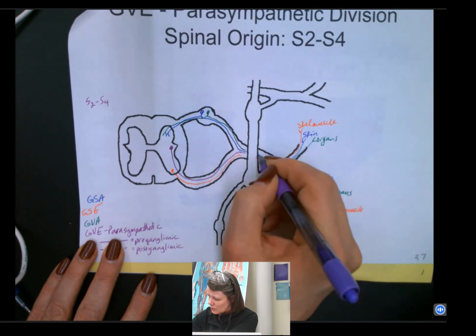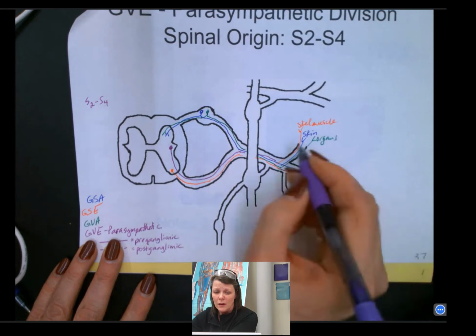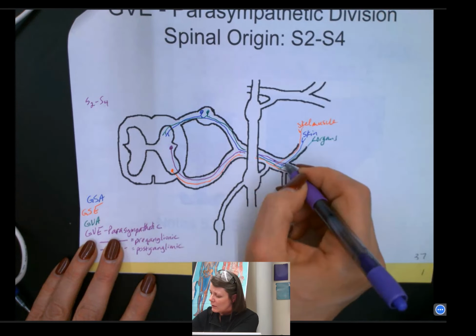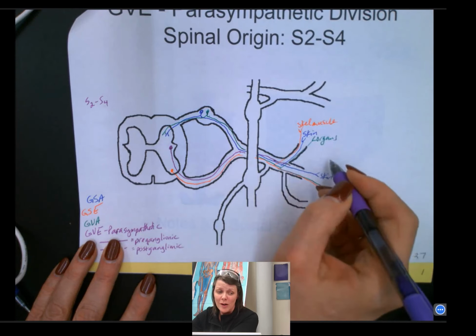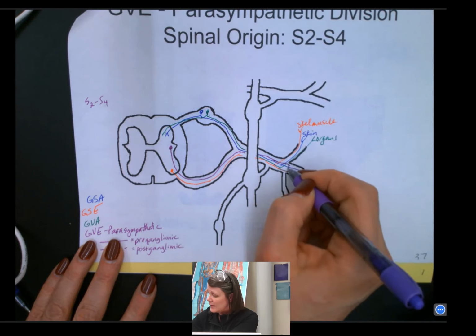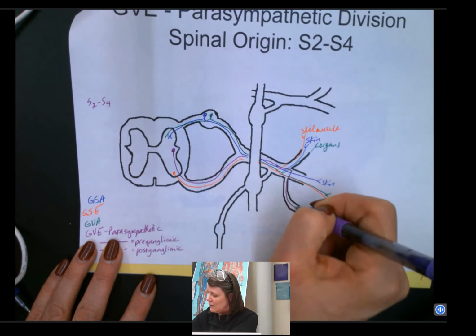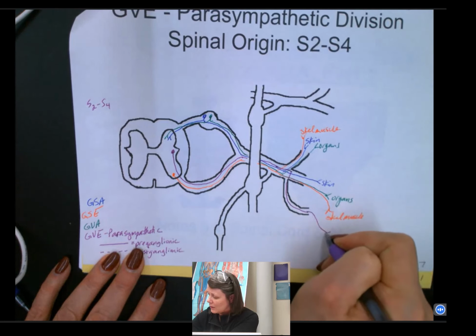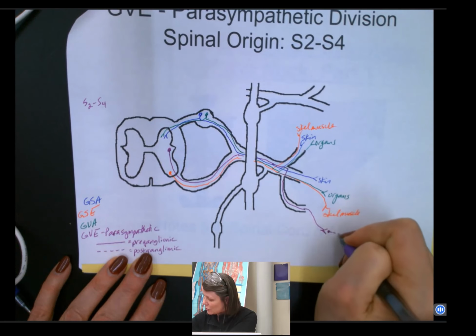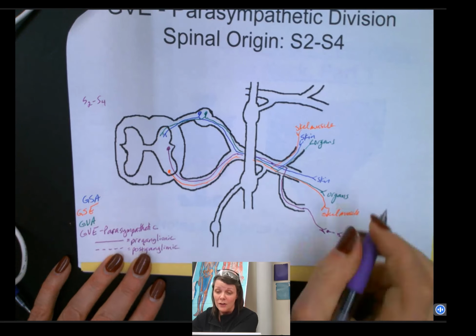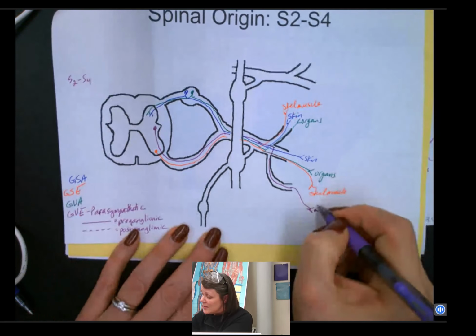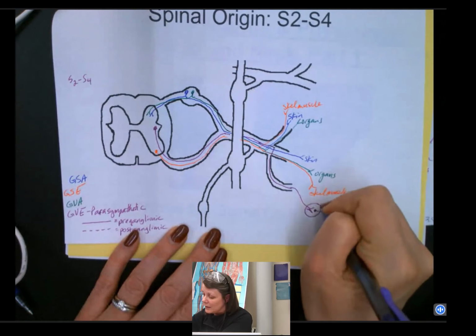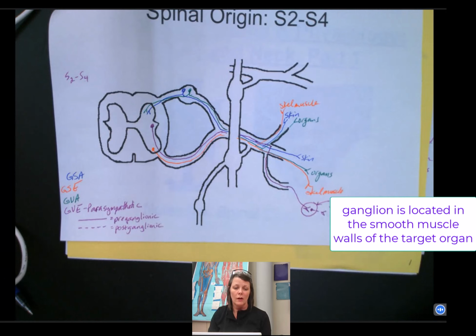And it's going to join the spinal nerve, but in joining the spinal nerve, it ignores the sympathetic chain, it ignores the dorsal ramus, and instead, it is going to leave the spinal nerve. And when it leaves the spinal nerve, it is coming down to synapse, giving off a very short postganglionic neuron. Why? Where is this ganglion located? This ganglion, it is in the target organ's wall.